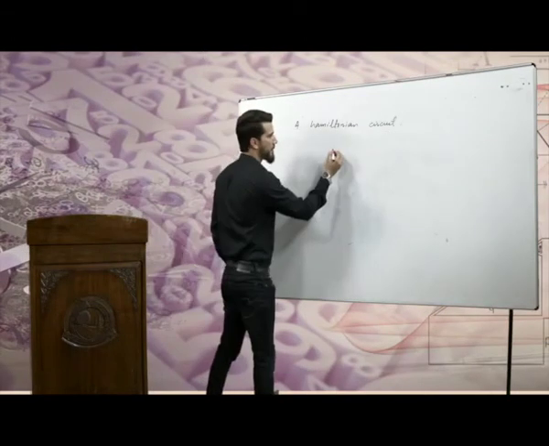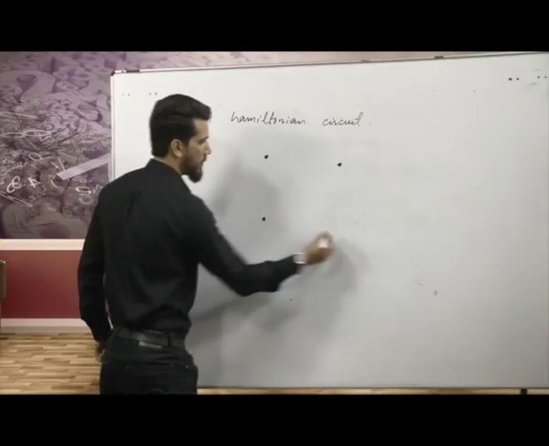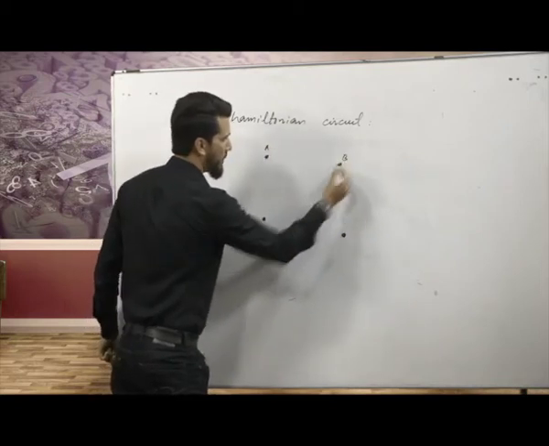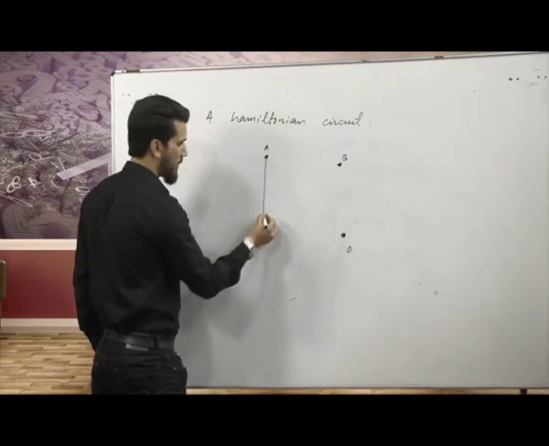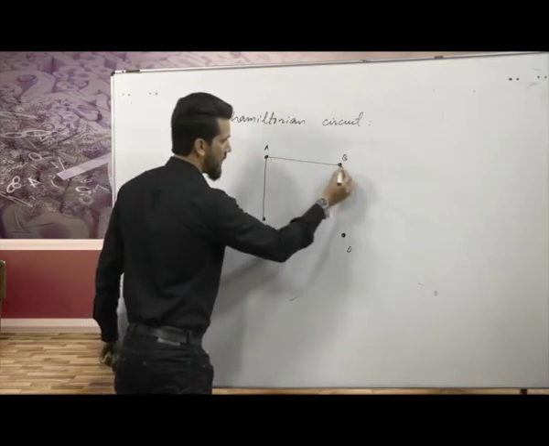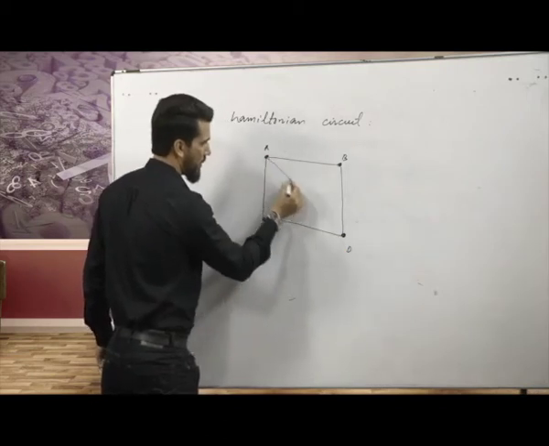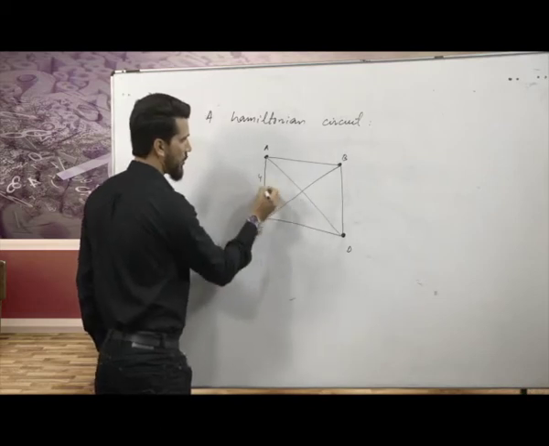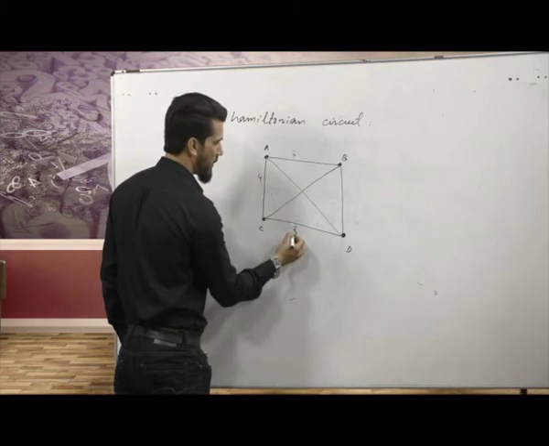Again, I'll take the same graph, but I'll name it right now. Let me call it A, B, C, and D. The cost of AC is 1. This is 3, 3.